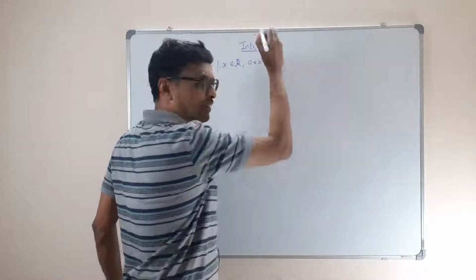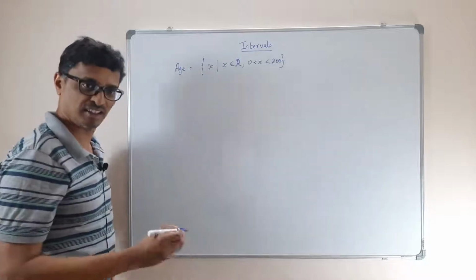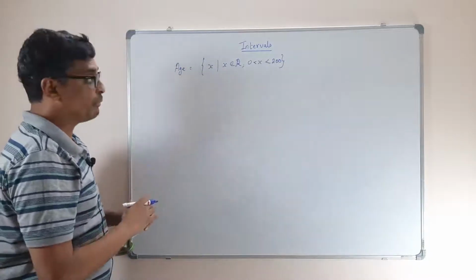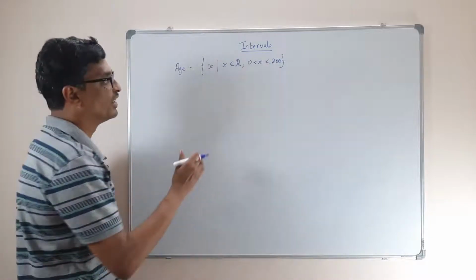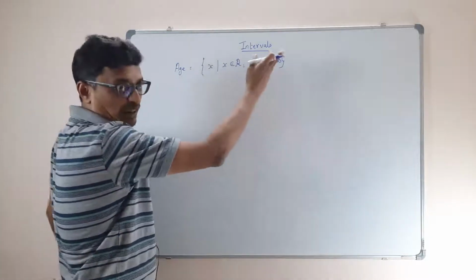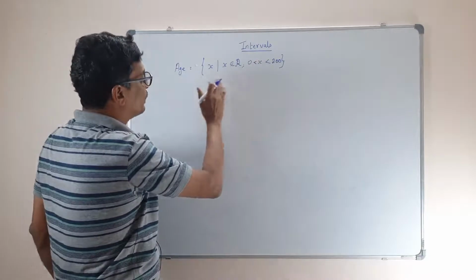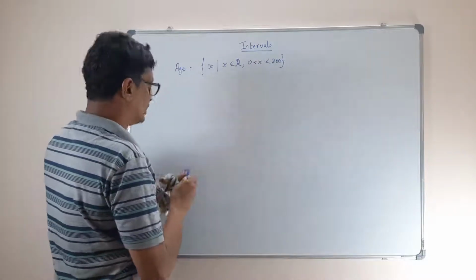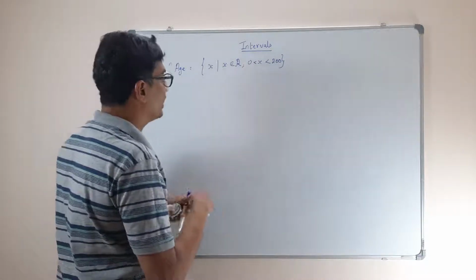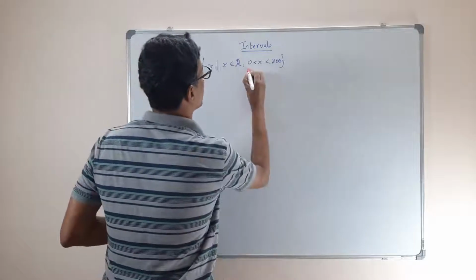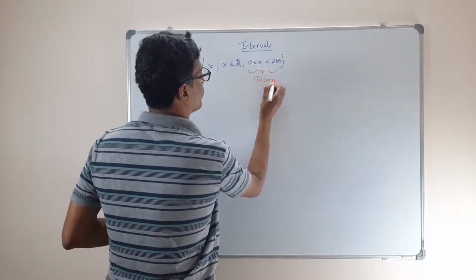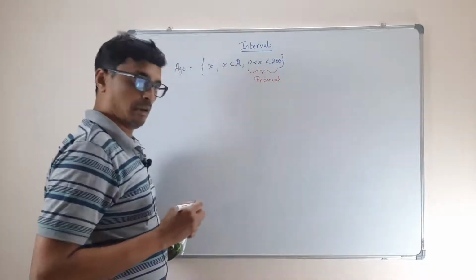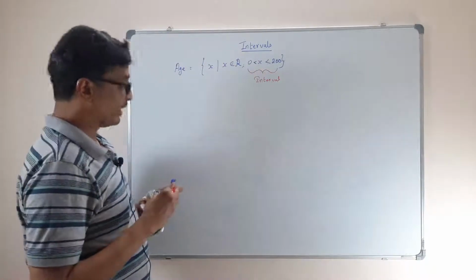We find no one survives beyond 200. Can a human have 0 age? No. And similarly, 200 also will not be included. So this is the way you define what you call an interval.